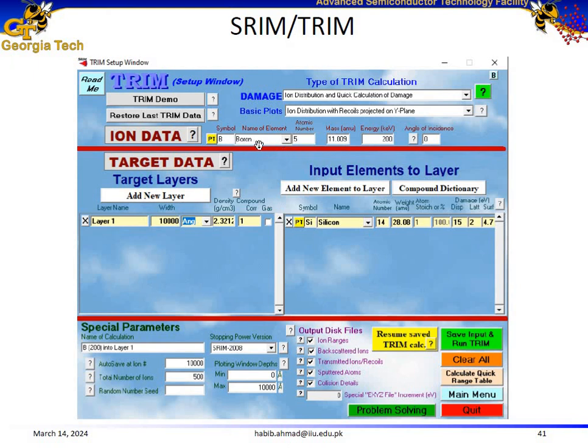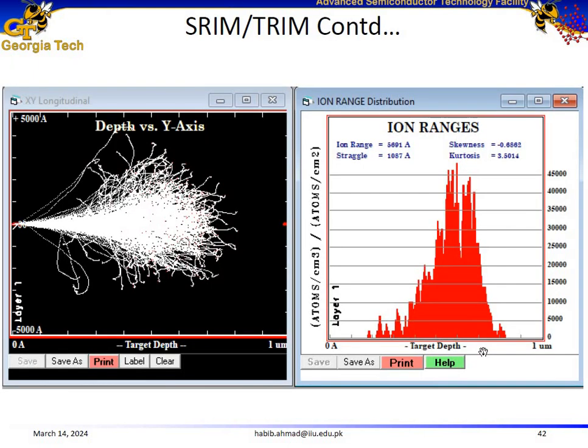For example, in this case, I've selected boron. You define the energy, which in this case is 200 kilo electron volts, and then you enter some other parameters and hit input and run TRIM, and it starts simulating the impact of the ion implantation one by one.